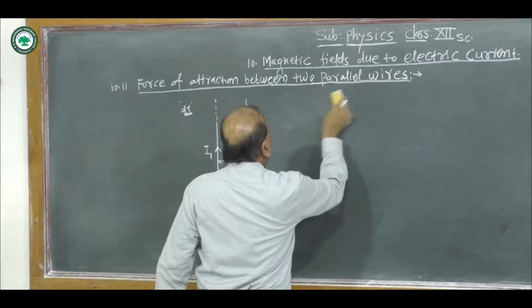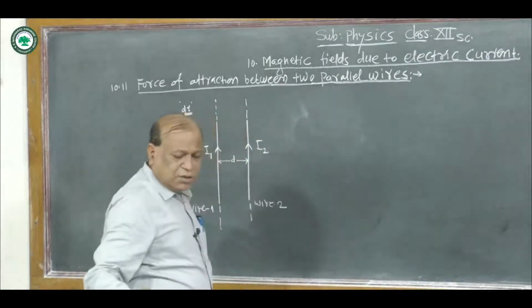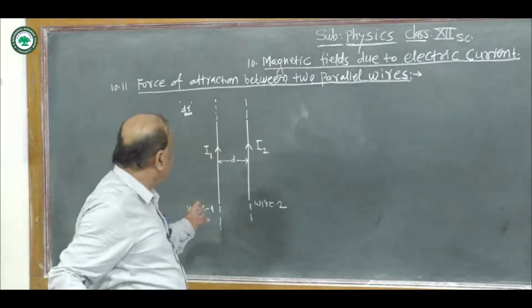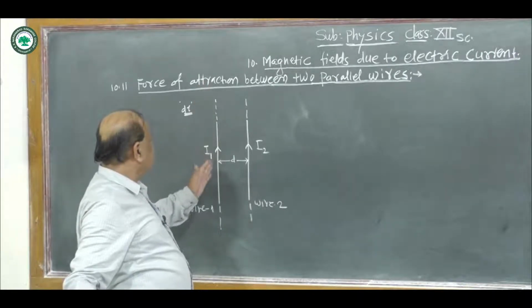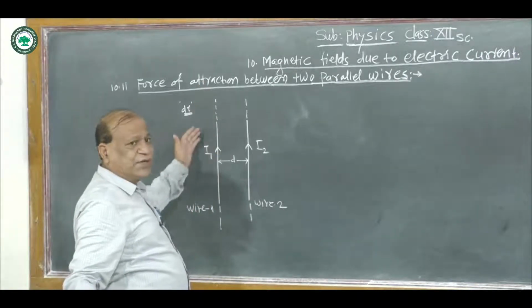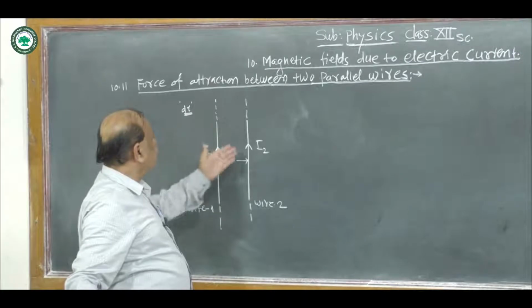Now here we know that when current flows through wire 1, a magnetic field is produced around it.